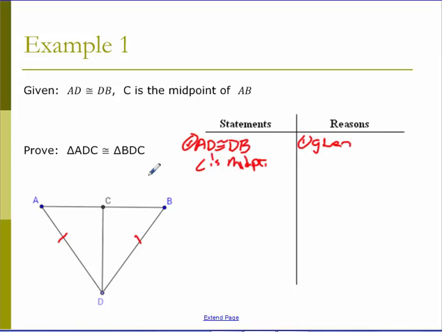So what do we know? Since C is a midpoint, I know that it's halfway between A and B, meaning these 2 are congruent. AC is congruent to CB. And that's because of definition of midpoint.